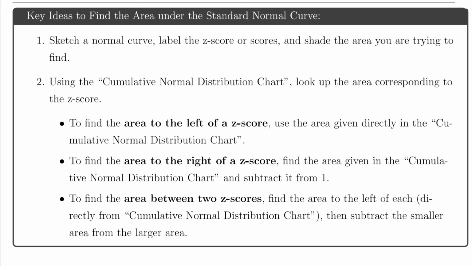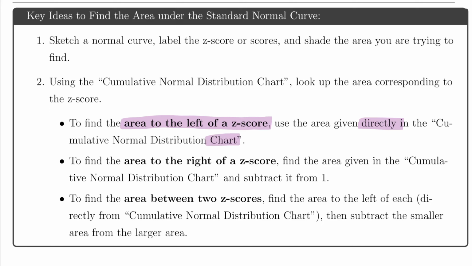Now what we tried to highlight in these last four examples, these ideas of how to use the chart to find areas to the left, right, in between of portions in the standard normal curve has been just written down in words here. If you're asked to find areas to the left of a z-score, that's the easiest possible question we could get because it is just directly from the chart.